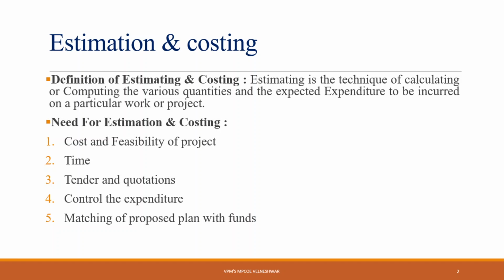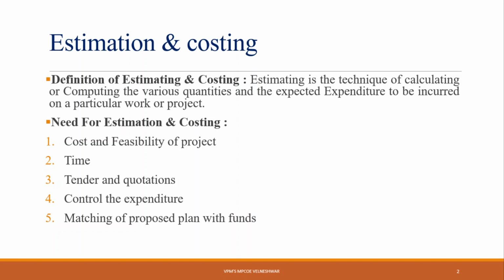By estimating, you know the quantities of different items. For example, by estimating you get to know that you require 100 cubic meters of concrete. Now you have four labors, and with them you have to complete the 100 cubic meters of concrete.